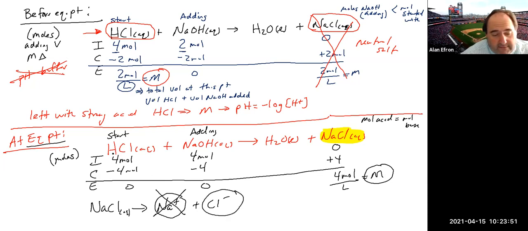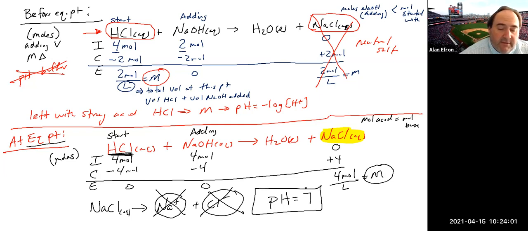Chloride came from hydrochloric acid, which is strong, which also means it's neutral, which means the pH at this point in the titration should be a pH of 7 at the equivalence point, because the resulting solution, once you reach the equivalence point, is only a salt that will not go through hydrolysis, and that is considered a neutral salt in that case. Any questions on that?